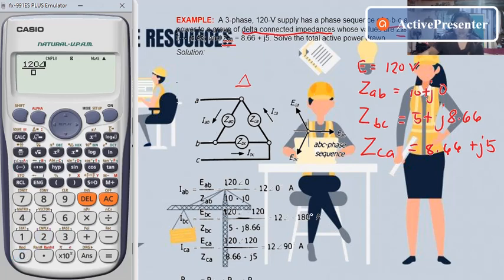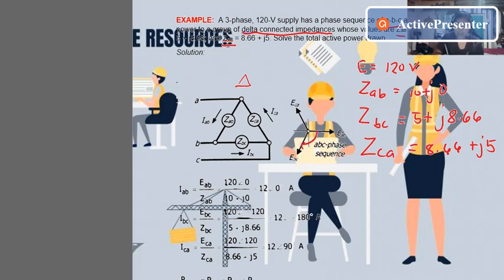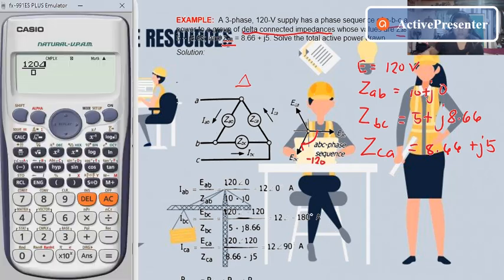We can see this in our phase sequence: the angle of BC is negative 120 degrees. So our voltage angle is negative 120 degrees, divided by our impedance for BC, which is 5 plus j8.66.